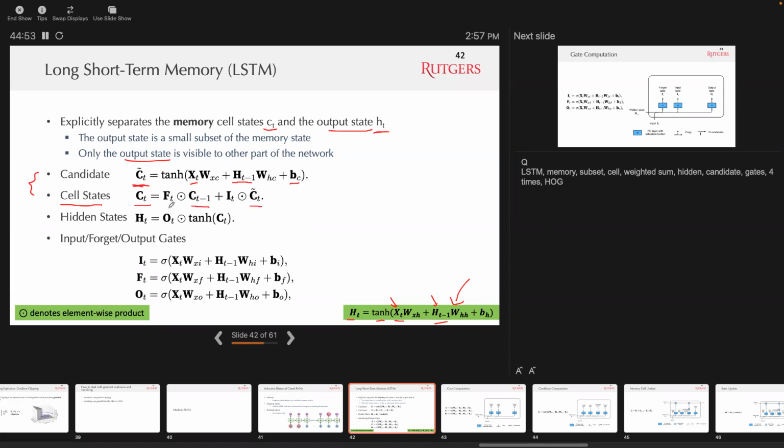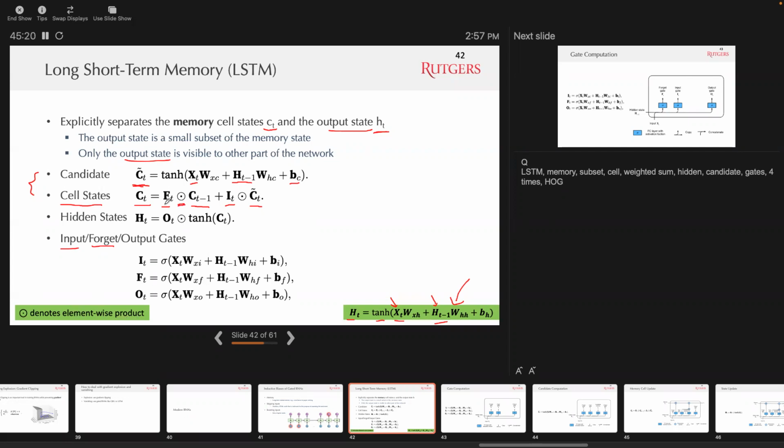And the weights of these two terms are decided by two gates. So this is where the gated thing comes from. We have the forget gate, F for forget, and the input gate, I for input. And this operator here denotes the element-wise product.